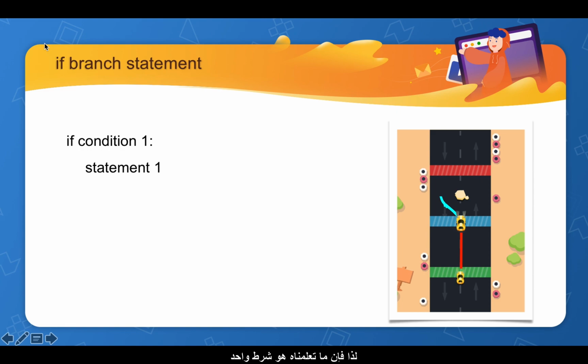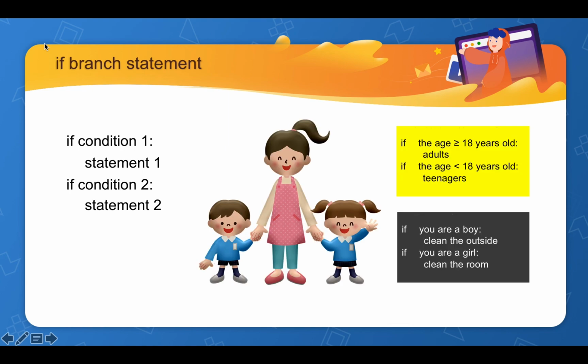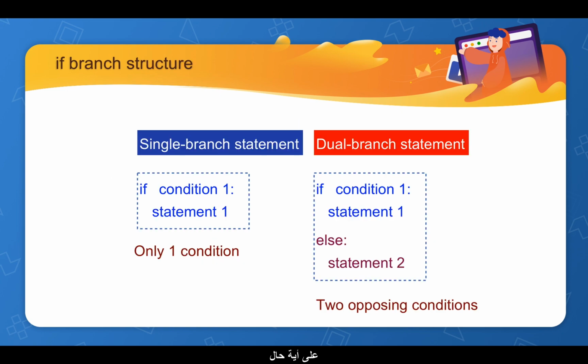So, what we have learned is one condition with one statement. But how to describe two conditions? As we can see, just adding another if statement is workable. However, this virtually reduces the running speed of the code and wastes computer resources.